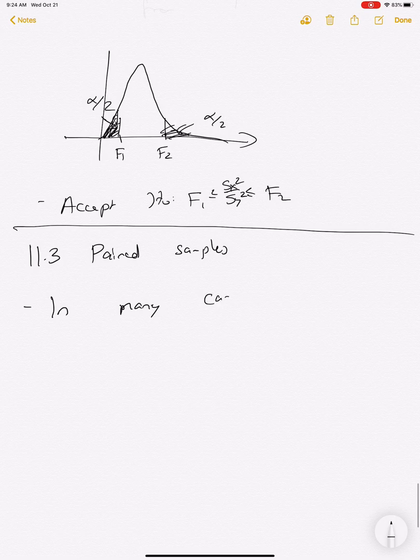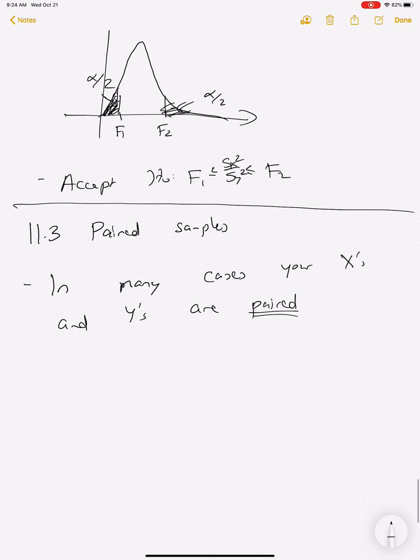So in many cases, your x's and y's are paired, and this is a bit different from what we saw earlier, where you might just take a random sample of size m from one state and size n from another state. You might have examples where things are paired.